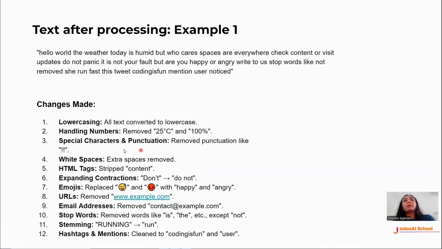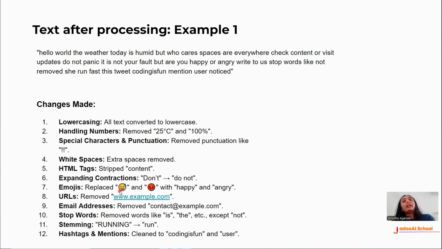We also removed punctuation, and extra white spaces, right? We also expanded the contractions. Don't becomes do not, because don't is not clean. It's difficult, when you process your text, this information can be mixed.